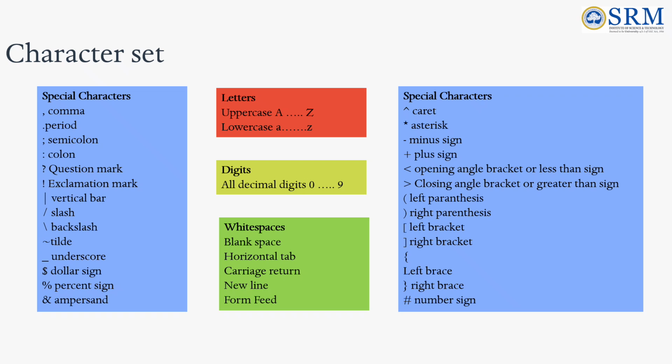White spaces include blank space, horizontal tab, carriage return, new line, and form feed. The special characters include all special symbols that you have seen on your keyboard, like comma, full stop, semicolon, colon, dollar symbol, percentage, ampersand, etc.